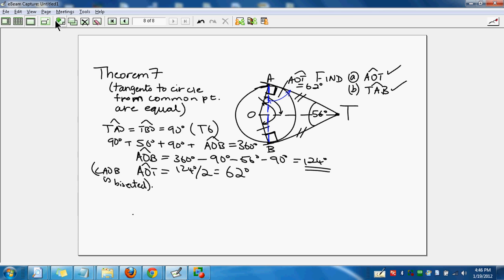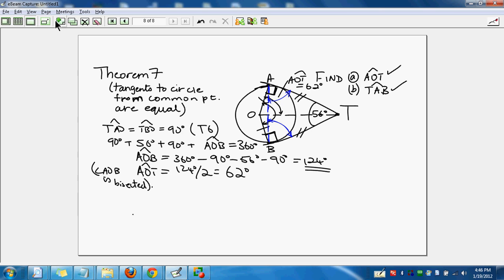But interestingly, angle TAB is the same thing as angle TBA, which is this one here. How can I say that? I can say that because of theorem 7, which says that the tangents to a circle from a common point are equal. So if the tangents are equal in length, it means that the triangle TAB is isosceles.